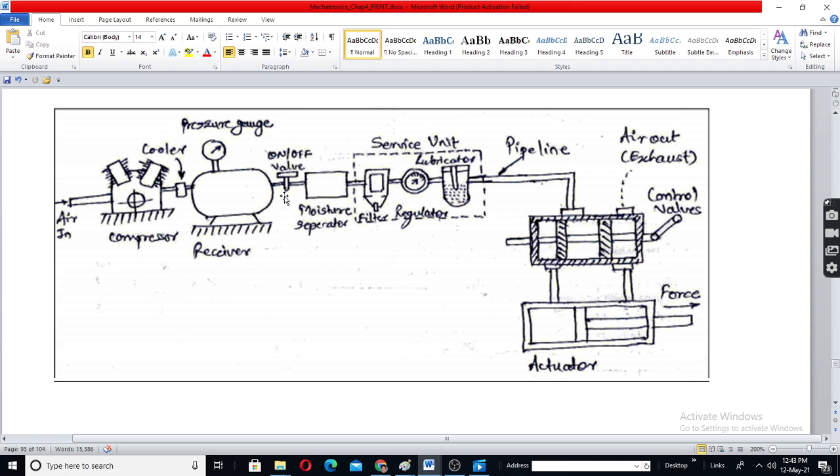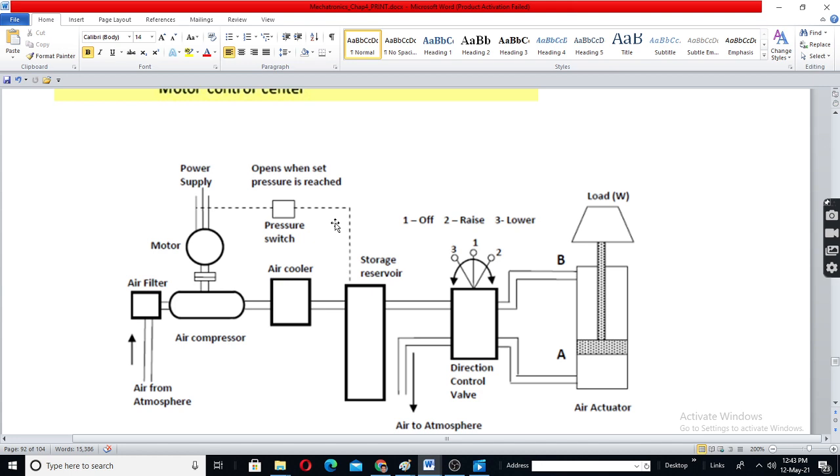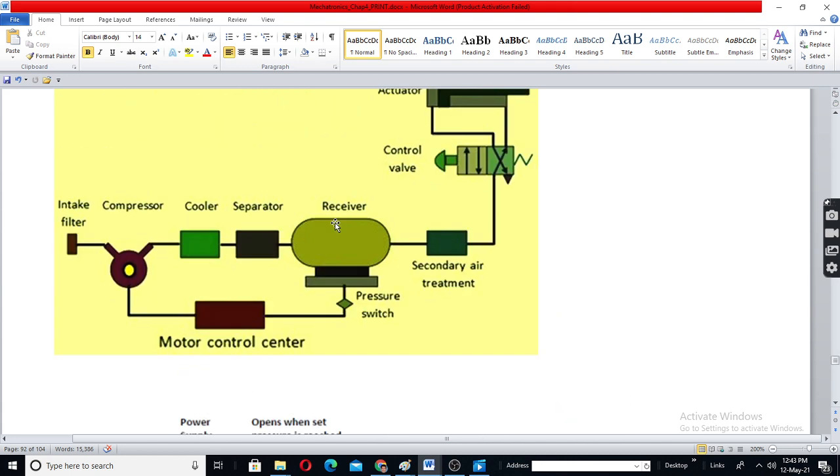You have a control valve here, and after that you have a moisture separator. It will separate moisture from the air. Otherwise, moisture will corrode the parts of the system.